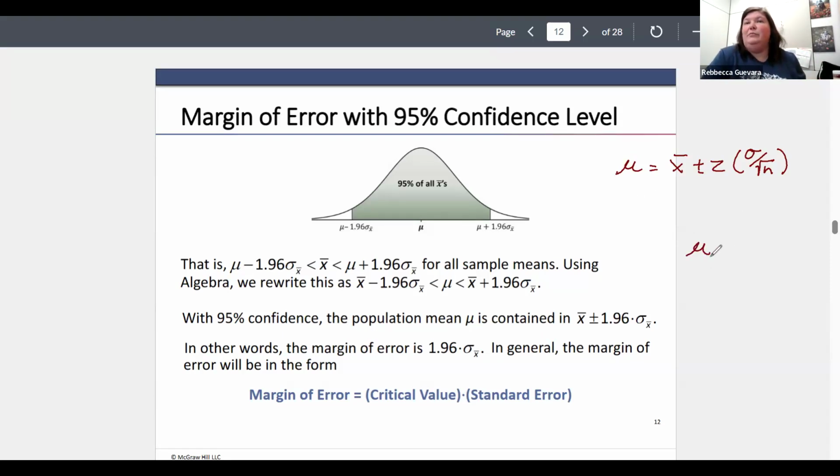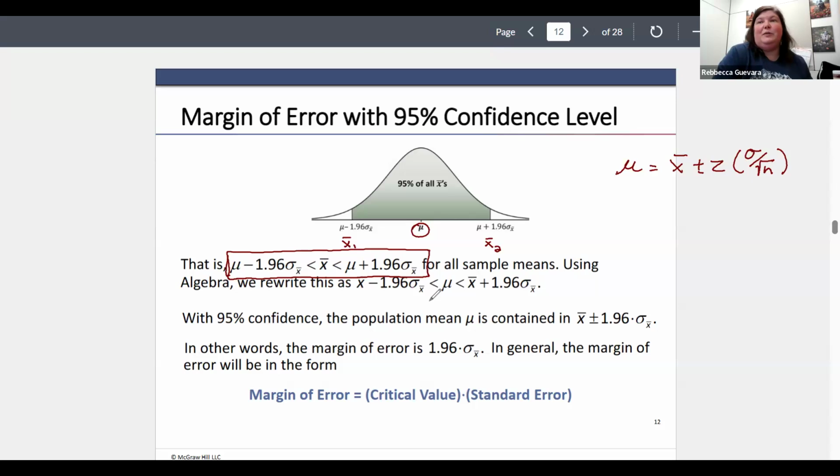That means all my x bars should be between mu plus 1.96 times the standard deviation, which gives me another mean essentially out here, and on this side, mu minus 1.96 times the standard deviation, which gives me that there.